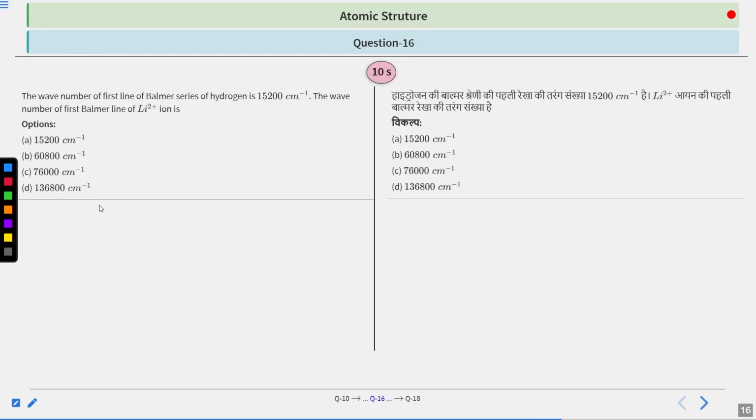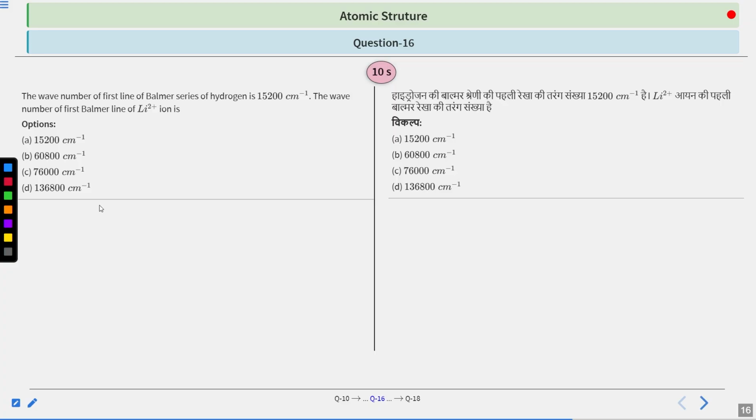Question number 16 says that the wave number of the first line of the Balmer series of hydrogen is 15,200 centimeter inverse. The wave number of the first Balmer line of lithium 2 plus ion is: option A 15,200 centimeter inverse, option B 60,800 centimeter inverse, option C 76,000 centimeter inverse, option D 1,36,800 centimeter inverse.